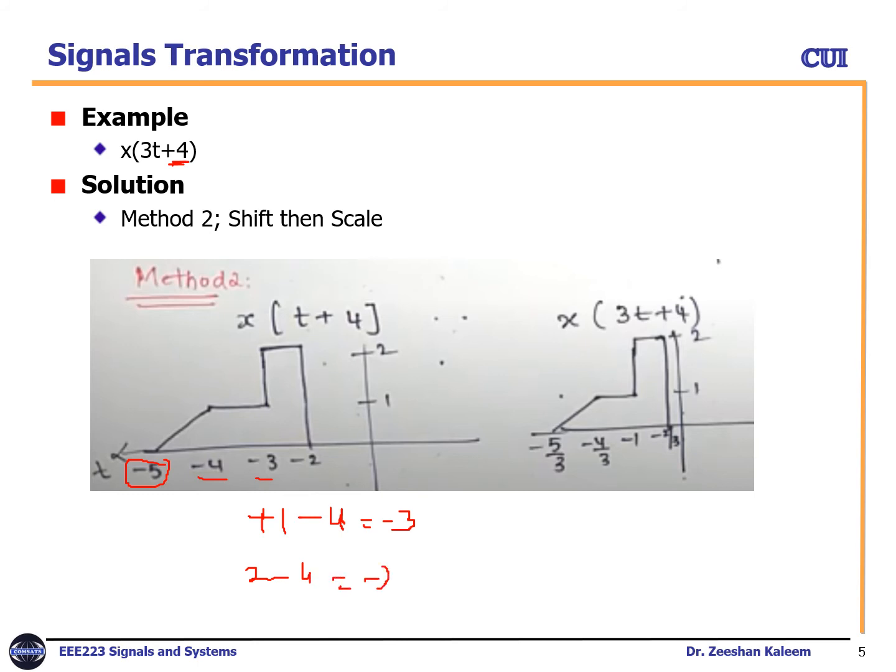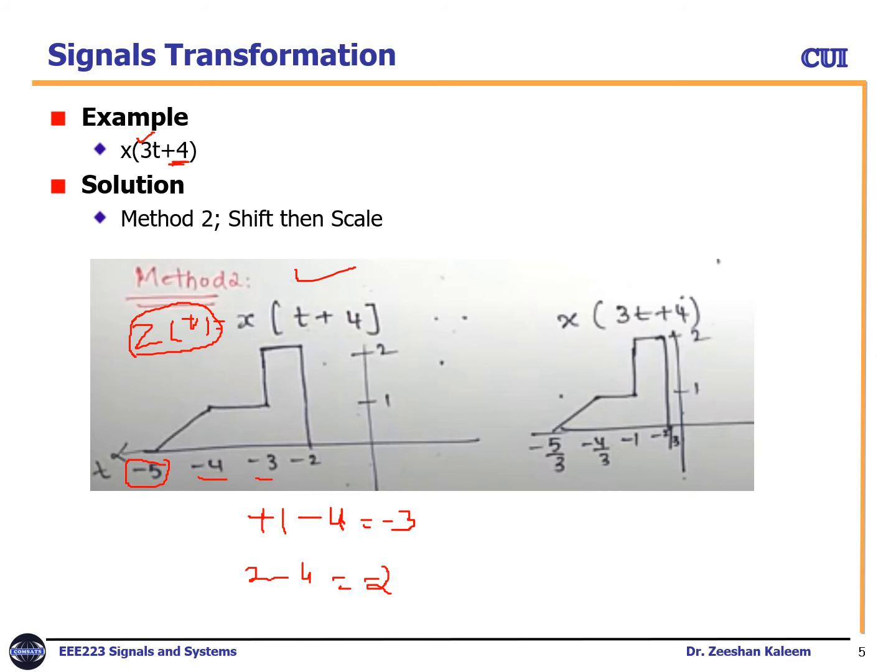Previously it was 2 here, so 2 minus 4 will become minus 2, right? Now after completing the shifting, we have to scale this signal. If for example we name it z of t, we have to scale that z of t by which factor? By 3, right? So we are doing scaling of z of t, not the x of 3t plus 4 or the x of t.